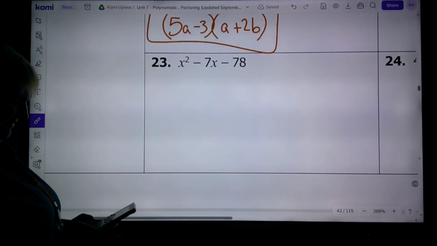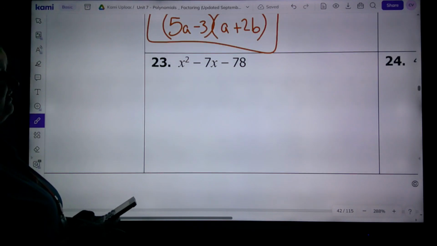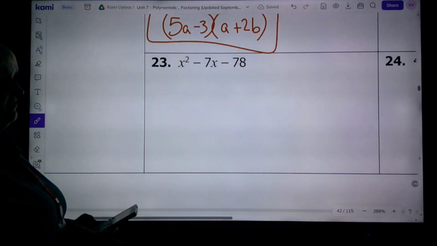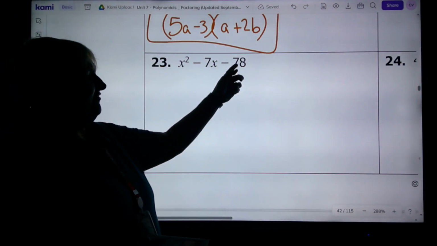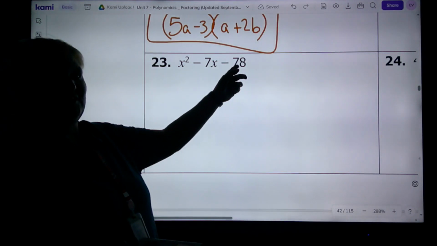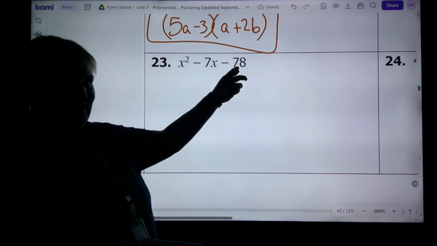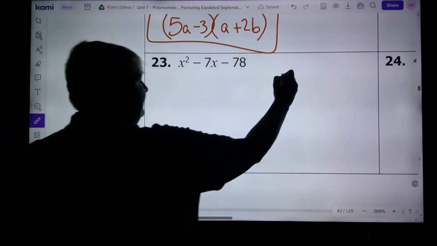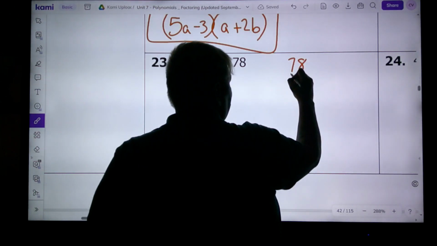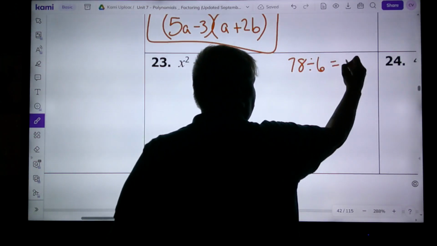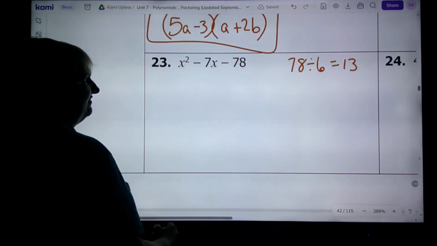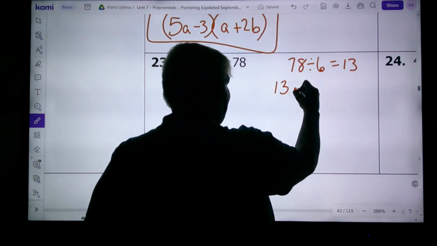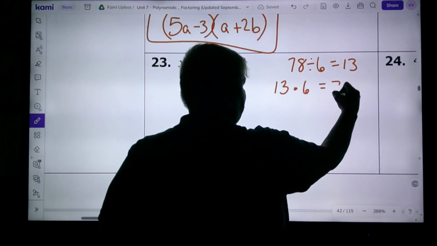78 divided by 6 is 13. Why 6? Because I knew that if I divided this by 6, I was going to end up with 3 something, right? Because 6 times 3 is 18. So I did 78 divided by 6, which gave me 13. Those are the exact numbers I need. 13 times 6 is 78.